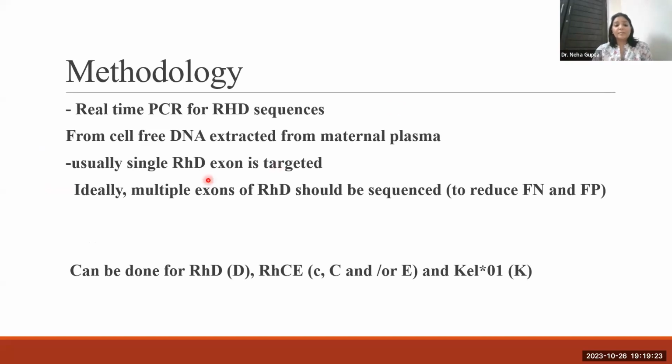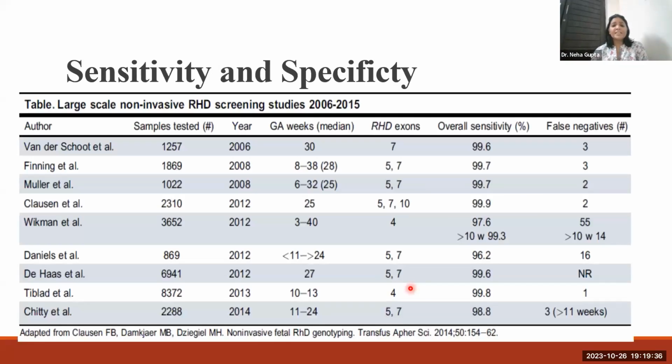Usually a single exon, but multiple exons of RhD should be sequenced because that reduces the false positives. It can be done for D antigen, small c, capital C, and capital E, as well as for KEL antigen. Various studies have shown that the overall sensitivity is about 99% with very few false negatives.